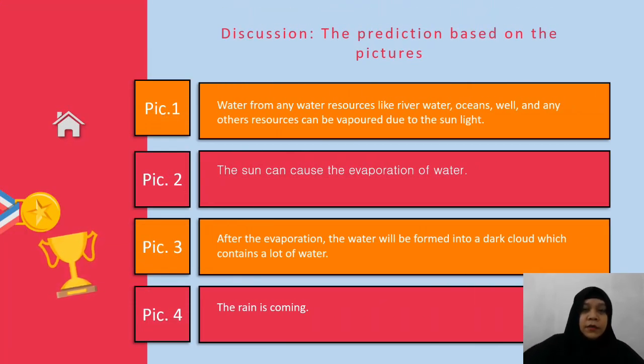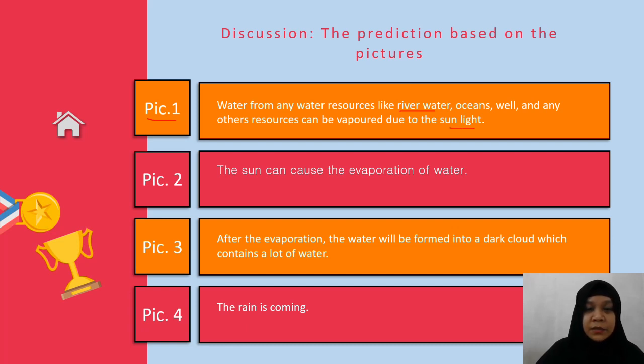Okay, after you do the practice, I believe that you did it well. And now we discuss the practice that you just did before. Okay, you can see here. Let's see picture one. The notes that you may have written: water from any water resources like river water or oceans, and any other resources can evaporate due to the sunlight.